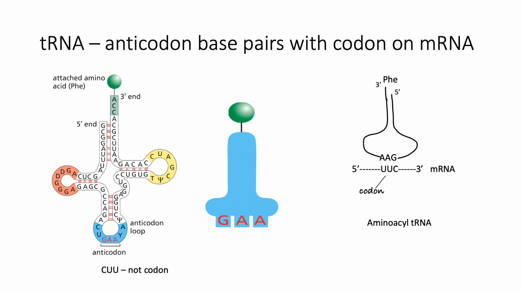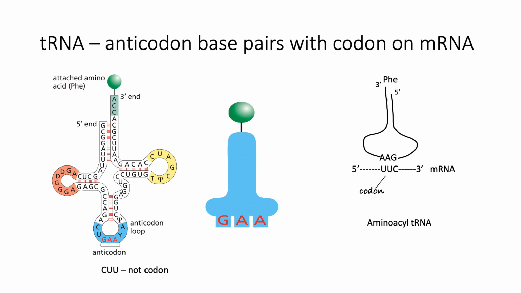And then at the 3' end, remember there's a 5' and a 3' end just like any other nucleic acid. The 3' end always ends with CCA, and then the amino acid is attached to that adenine at the 3' end. The amino acid is attached through a bond with either the 2' or the 3' hydroxyl.